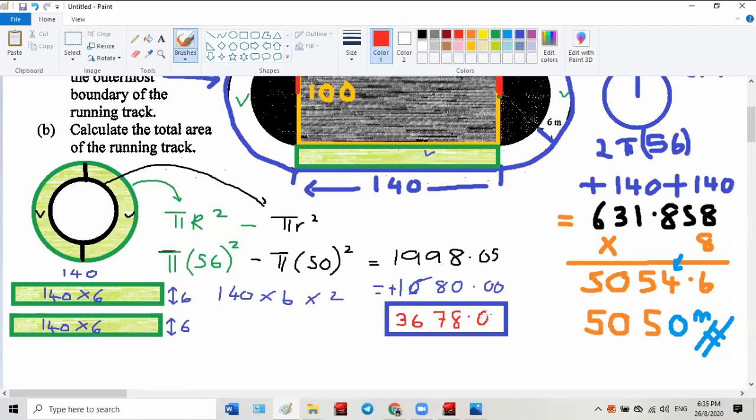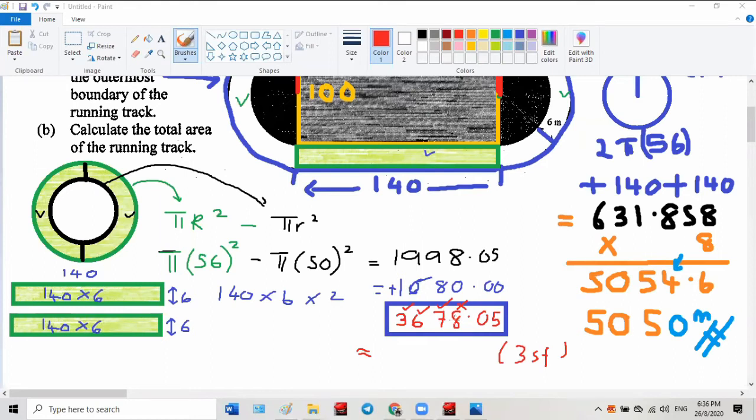3678.05. In that case, 3 significant figures will be what? I want this, this, this, and I'm going to drop the rest. But before I drop, it's 8. What must I do? 3, 6, 7, I want the 8.